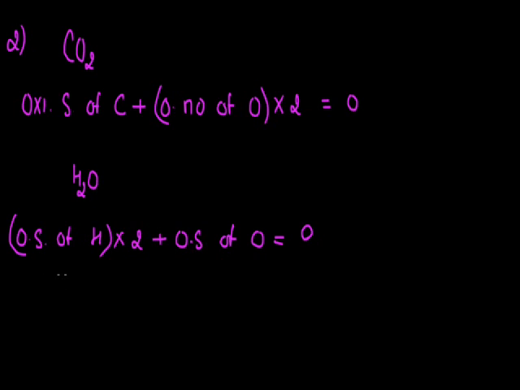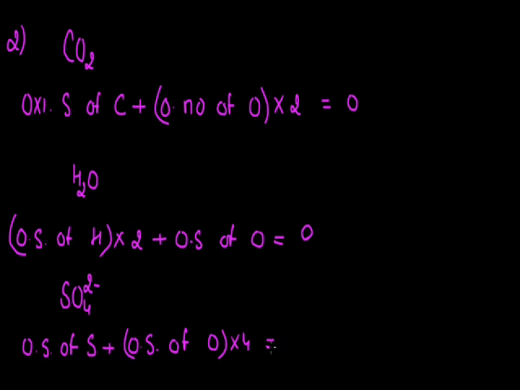Same as if I talk about an ion, if I calculate the oxidation state of all the elements present in the sulfate ion or sulfate radical. Now here, if I go for the addition of the oxidation states of all the elements, then the equation will be oxidation state of sulfur plus oxidation state of oxygen, and since 4 oxygen atoms are there, we will be multiplying the charge of one oxygen atom with 4.